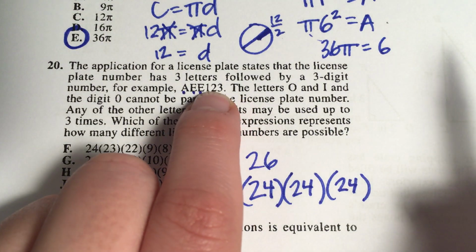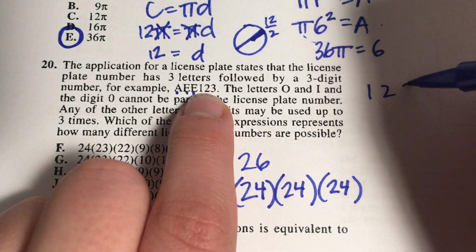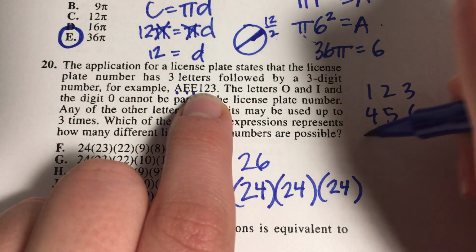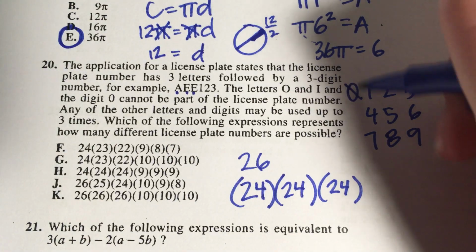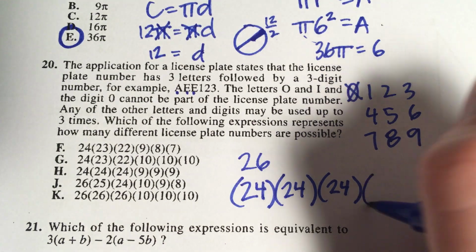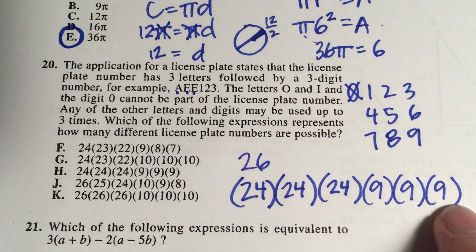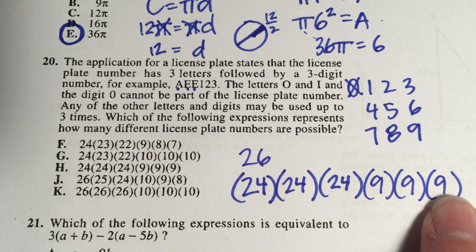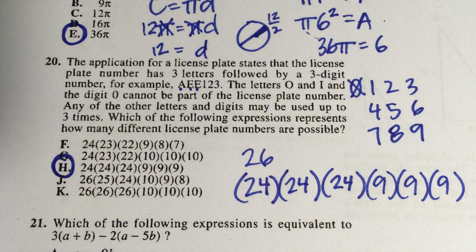And then I have a number here, so I can use any of the digits, so I have 1, 2, 3, 4, 5, 6, 7, 8, or 9. That would be 9 options because I can't use 0. Right, so there are 9 possibilities for these 3. So I'd have 9, 9, and 9 because I can use those up 3 times as well. So I'm looking for the one that looks like mine. I can see that that is H, and H is my answer.